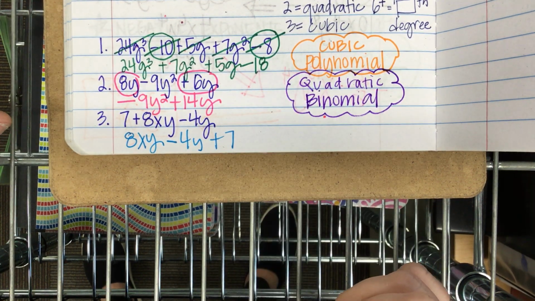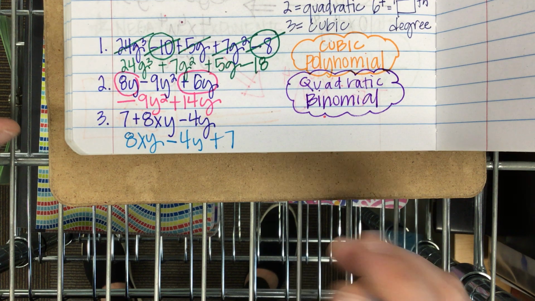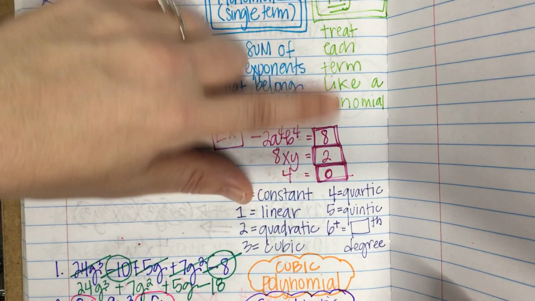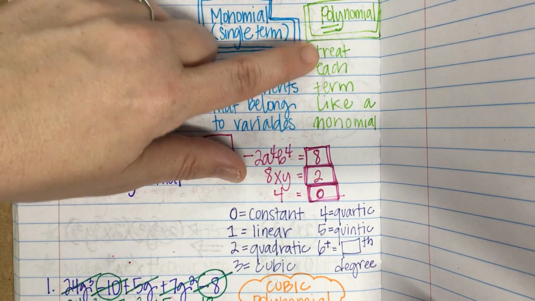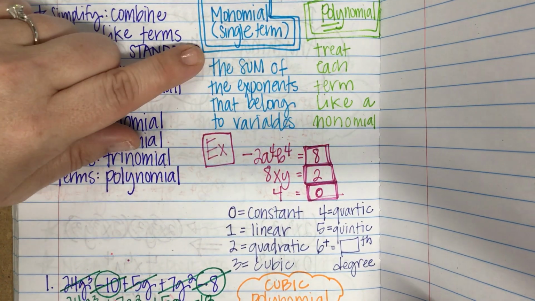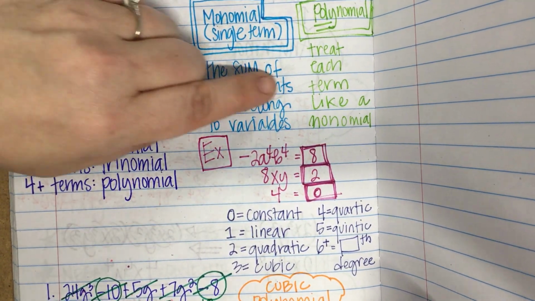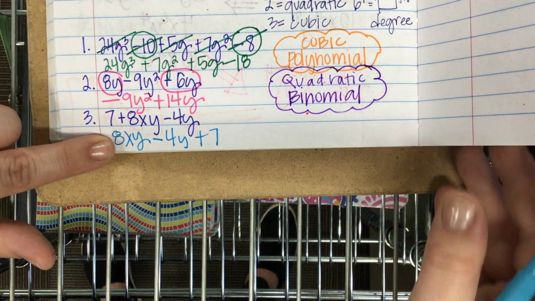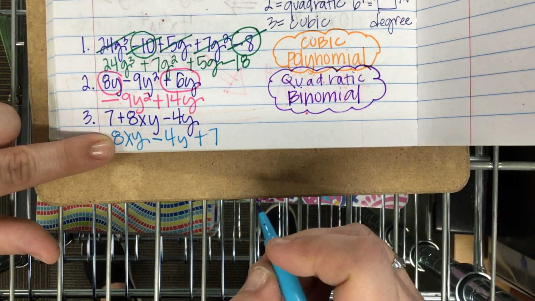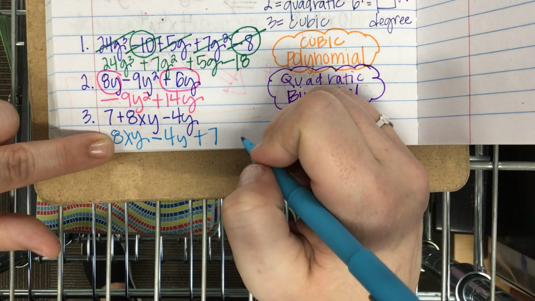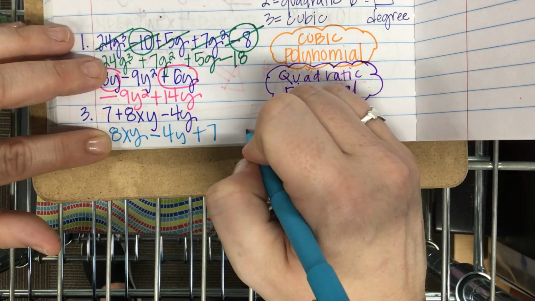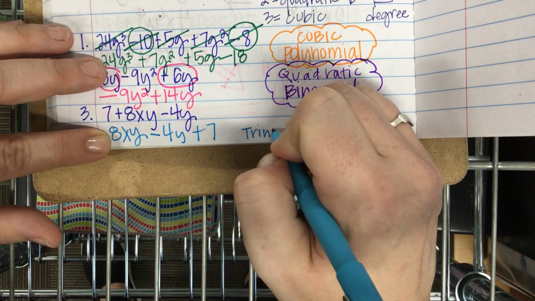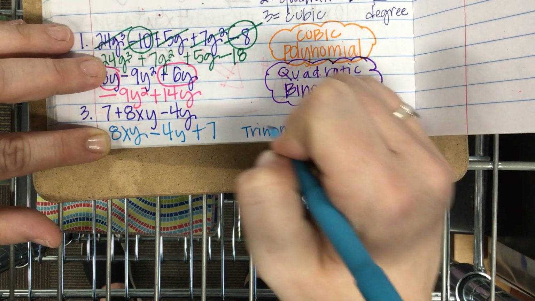Do you agree? And then it's a polynomial, right? So I treat each term like a monomial. What does that mean? Oh, it's the sum of the exponents that belong to the variables. What is that? It's a trinomial. And quadratic.